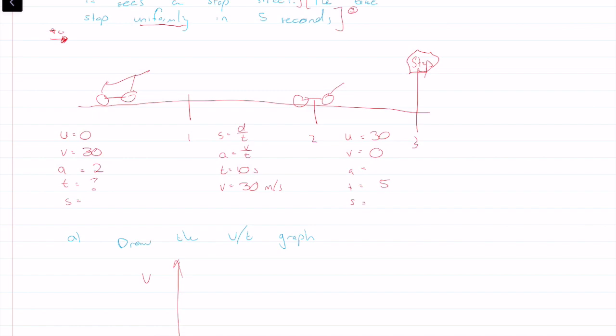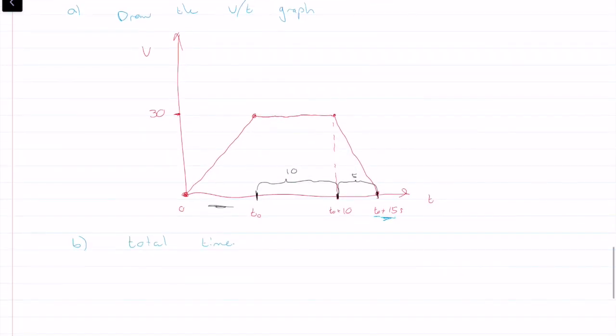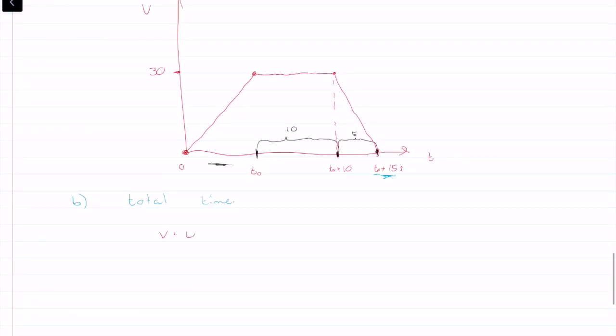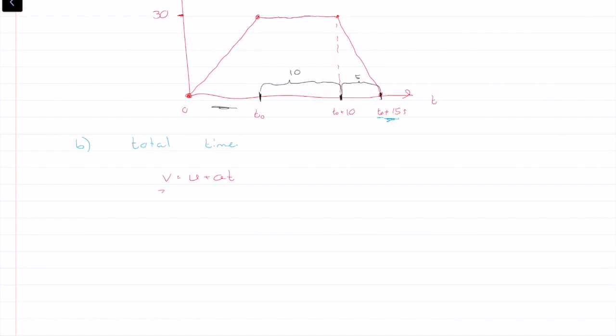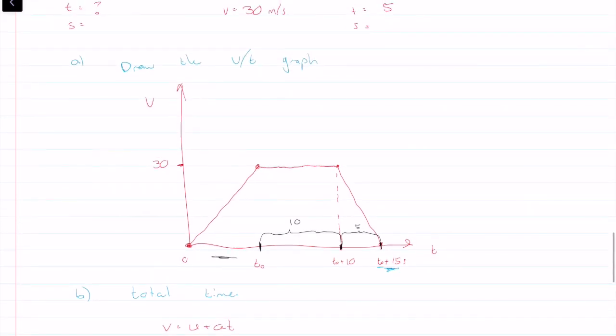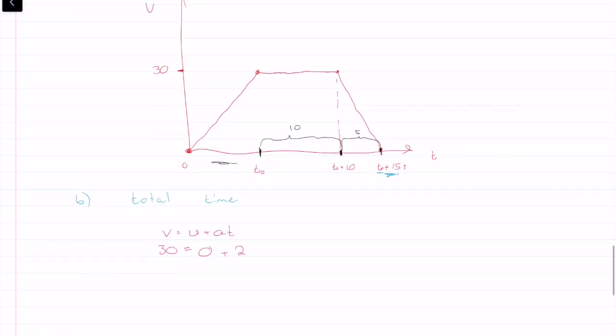Let us think about what equation we can use. We can use our simple v equals u plus at. Our v is 30, our initial is 0. 30 equals 0 plus our acceleration, which was 2, times our time. So if we solve for t, time equals 15 seconds. So that is actually t naught.